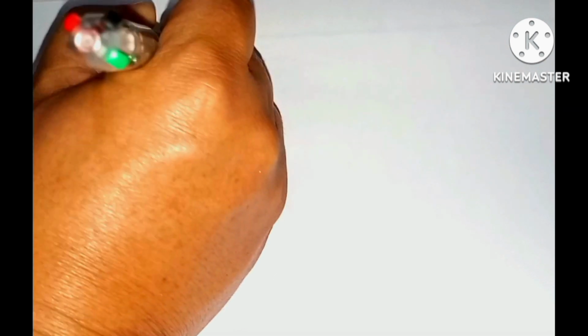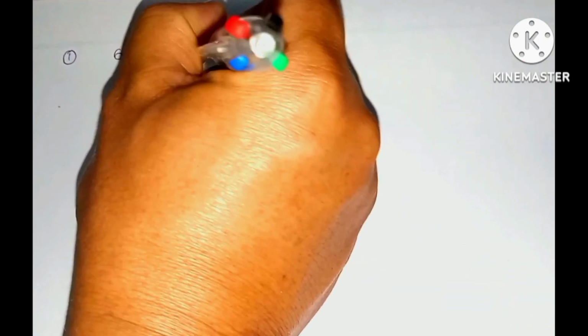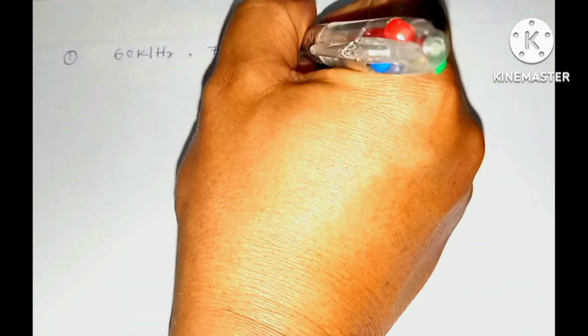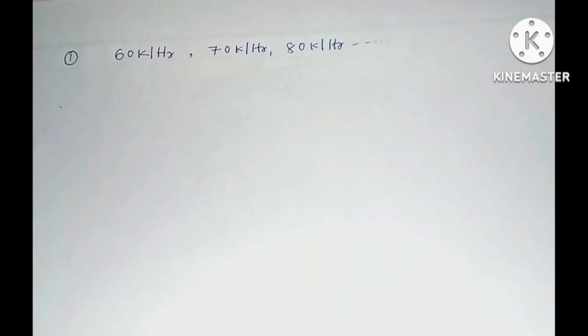Here the initial speed of the car is given, that is 60 km per hour, and every hour the speed of the car is increasing by 10 km. That means for the next 1 hour it becomes 70 km per hour, and for the next 1 hour it becomes 80 km per hour, and so on.